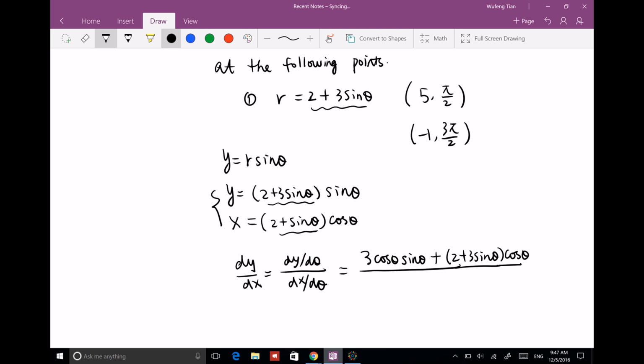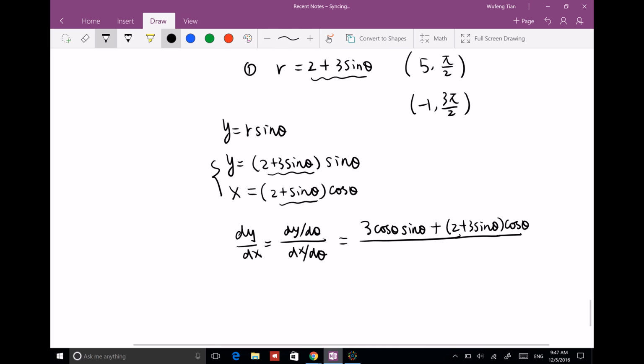And for dx over d theta, 2 plus 3 sine, the derivative is 3 cosine. Oh, I missed a 3 here. 3 cosine and cosine, minus keep the first, 2 plus 3 sine, times the derivative of cosine, sine.